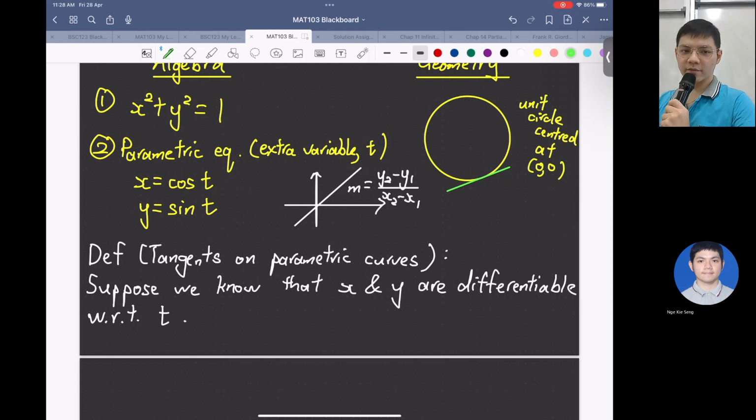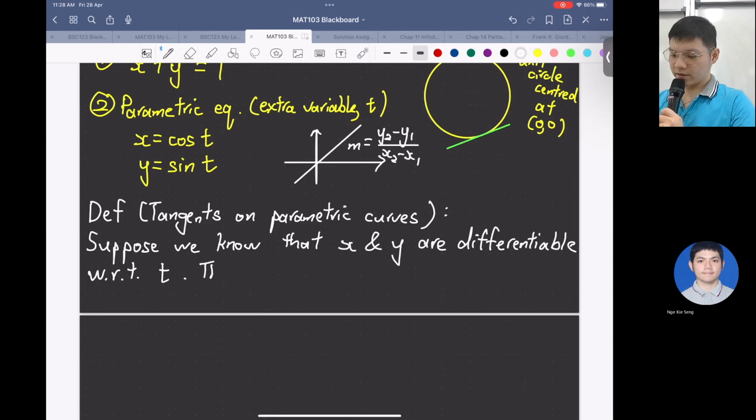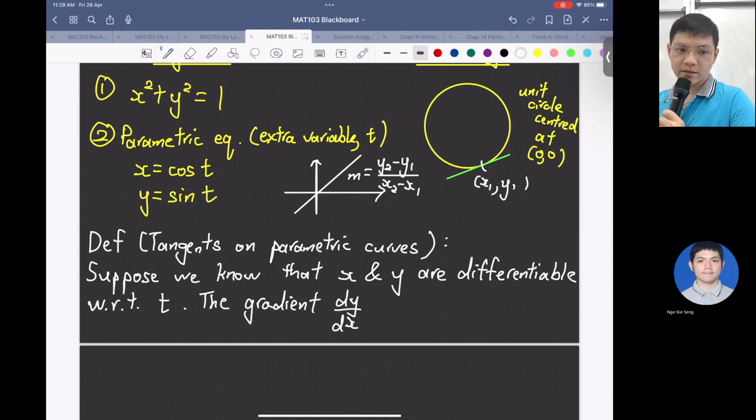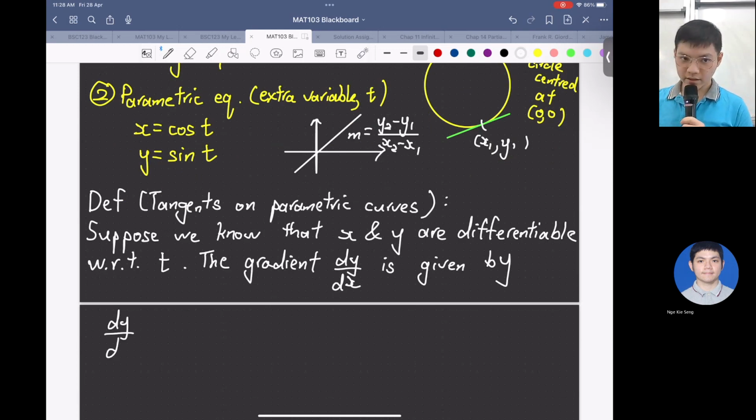I'm going to give you the formula. So the gradient, let me label this point, the gradient dy/dx is given by dy/dt divided by dx.